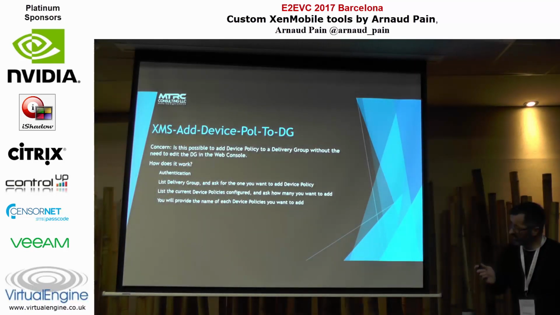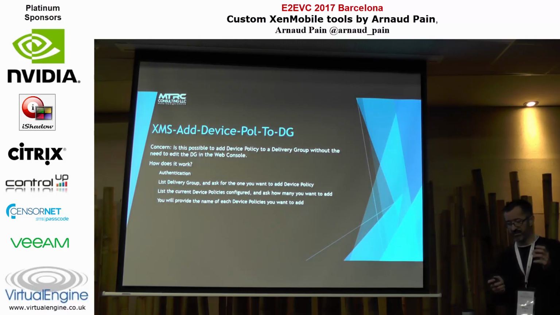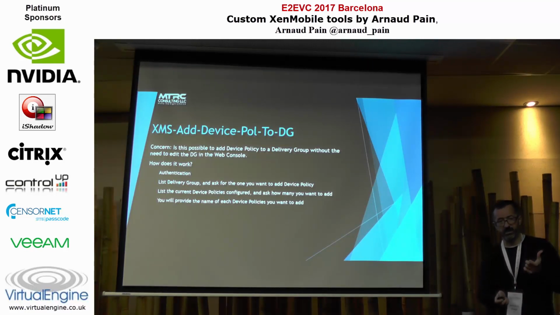The other one, I was asked about that. The fact is that when you work with XenMobile, you get some delivery groups and you can add some policies, actions or whatever settings. And I was asked how to modify it without the need to go in the console. And this one was a little bit tricky because when you read the documentation provided by Citrix, the command with the REST is a PUT command.